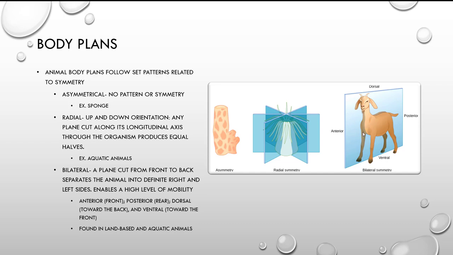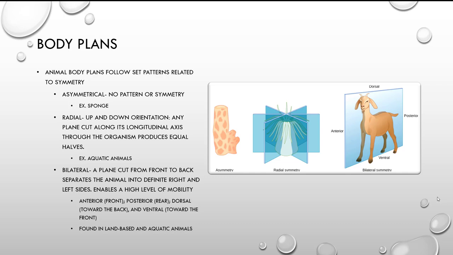For example, the goat's chest is anterior to its tail. So it's the frontal portion. Posterior would be the rear portion of the organism. In this case, the tail is posterior to the chest of the goat.